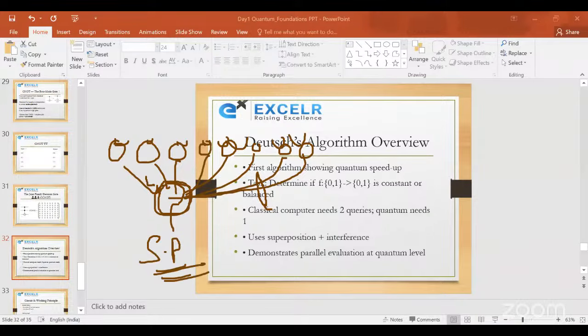That is the concept in quantum. So they will have a superposition state, and after that he will do some operation on it, on the superposition state. That operation is governed by the Oracle.